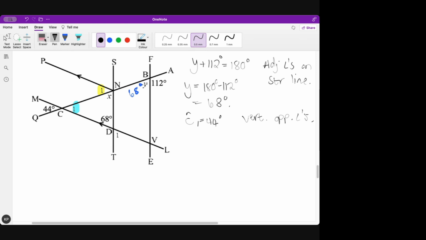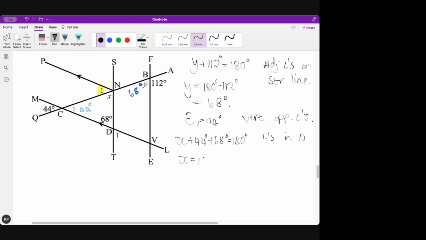Great. So then I know this one is 44. Great. Now I have my two angles in a triangle, so I can find x. So I can say x plus 44 plus 68 is equal to 180. And this is because of the angles in a triangle.